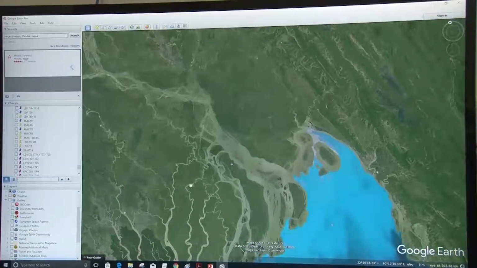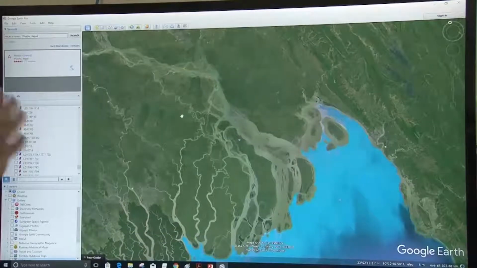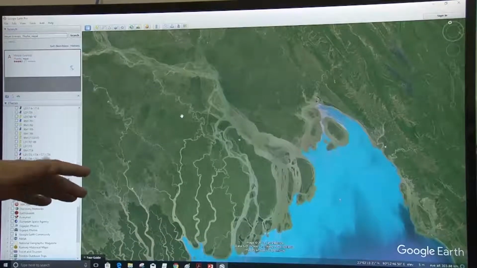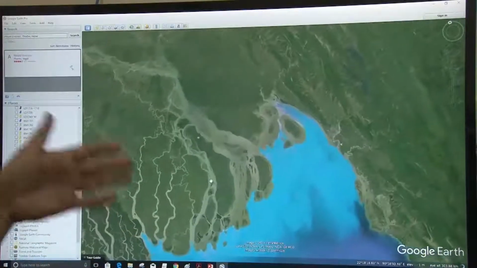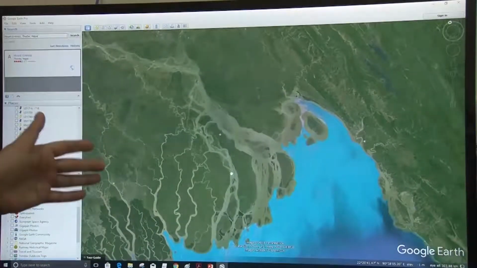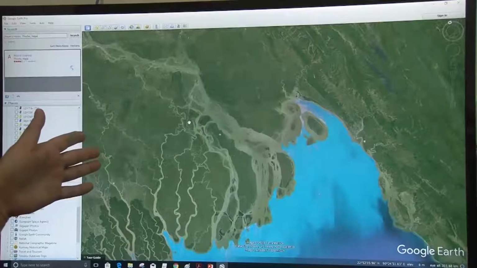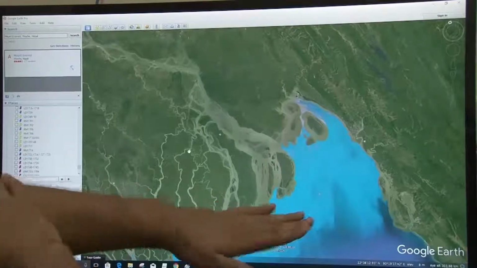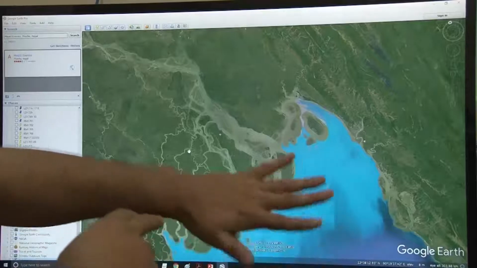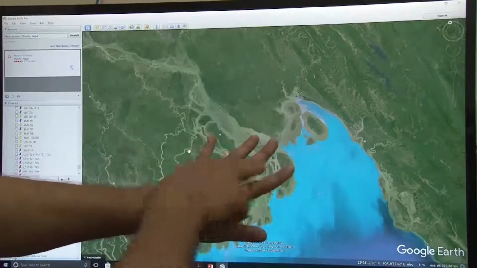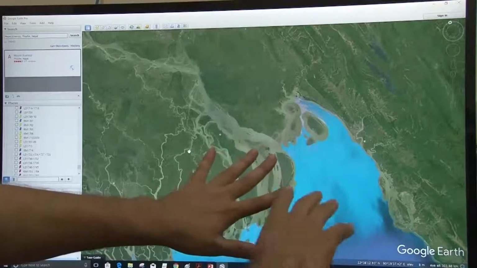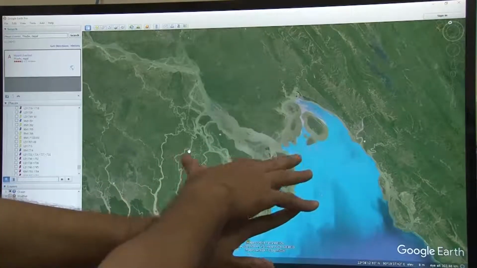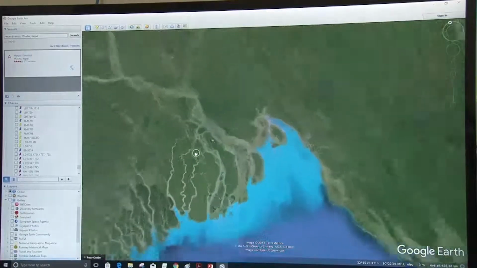Here you can see that a river is divided into distributaries. In the upland regions you were seeing the tributaries, and in the lowland region and the planar areas in the older stages you will see the distributaries. Suppose this is a river channel and it is distributing into different smaller streams. This is called distributaries.